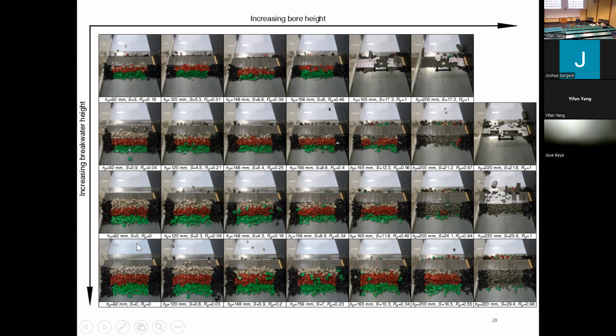You need to increase the width as well. And also, you need to have a balance between the cost of the breakwater and the risk of a tsunami, and what size of tsunami you will be exposed to. Balance.